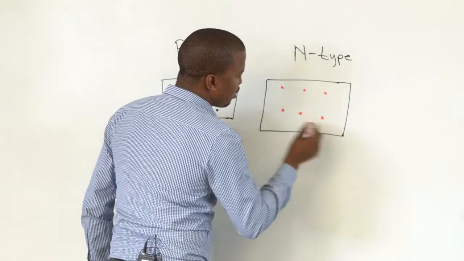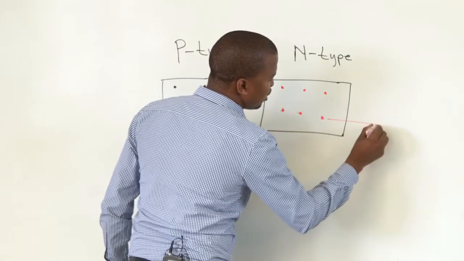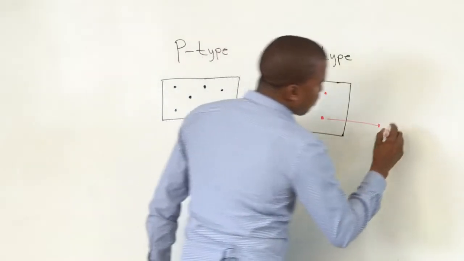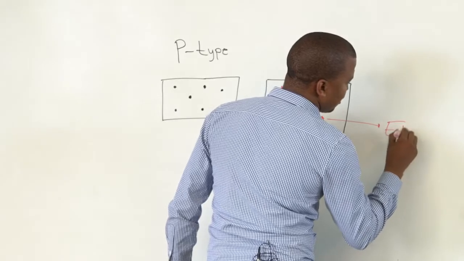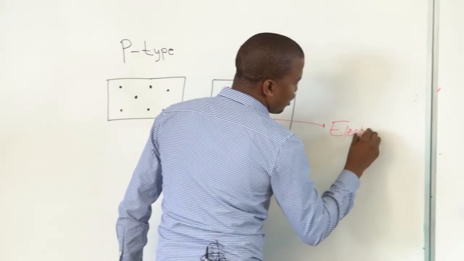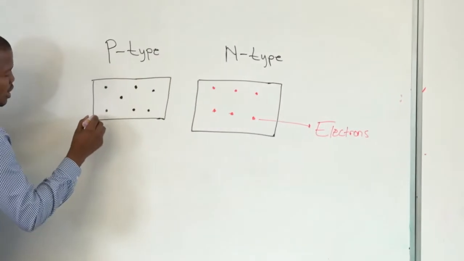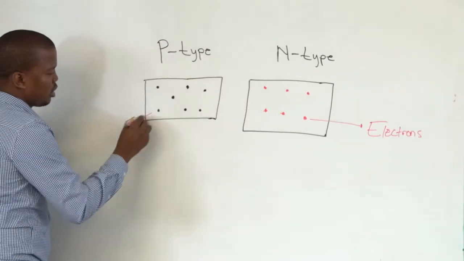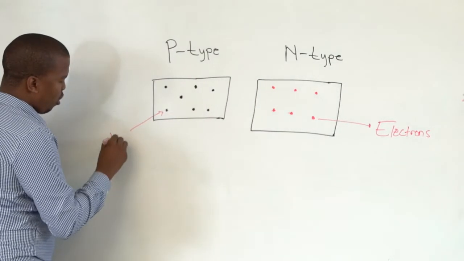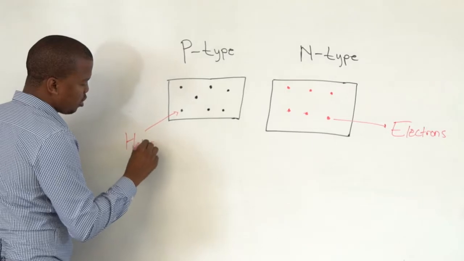The red dots will represent electrons, and the black dots will represent holes.